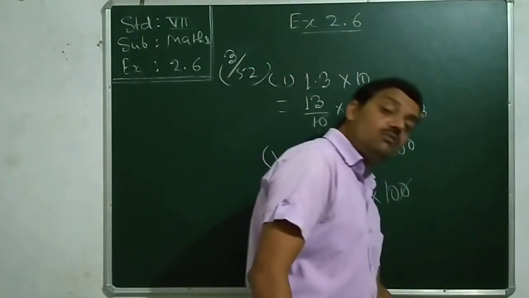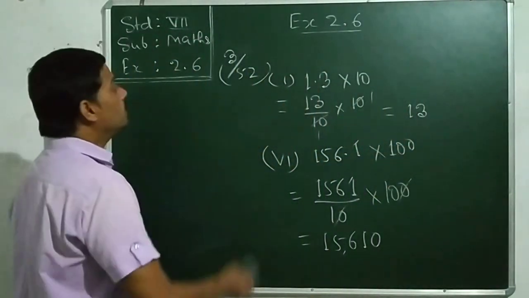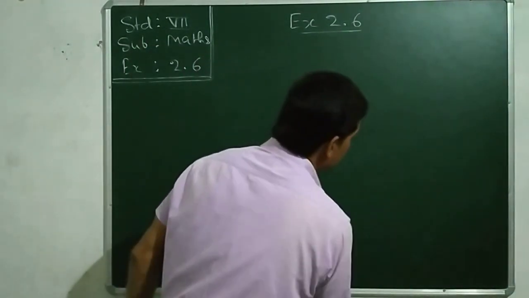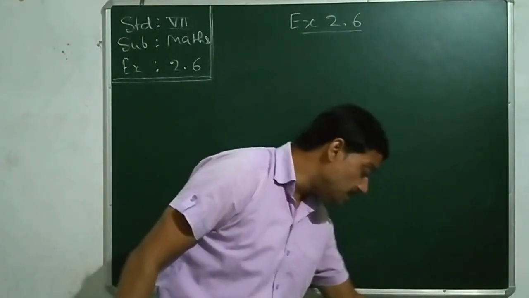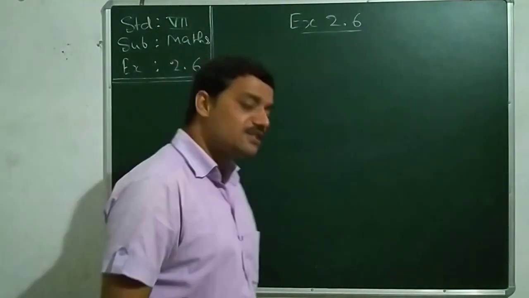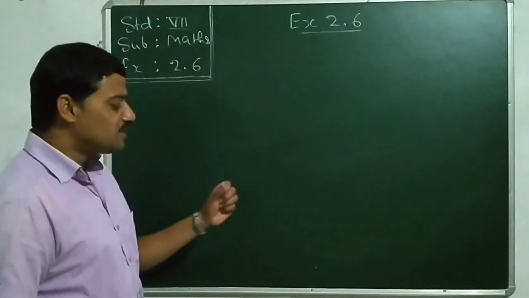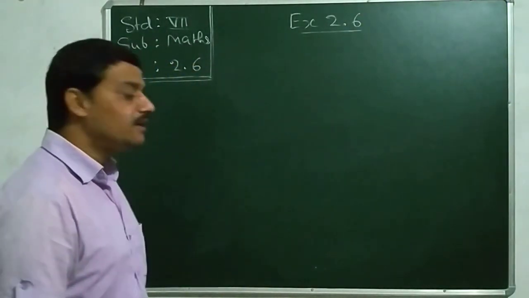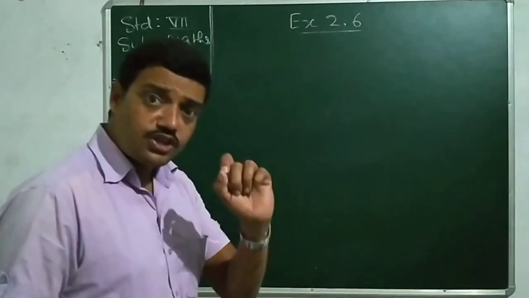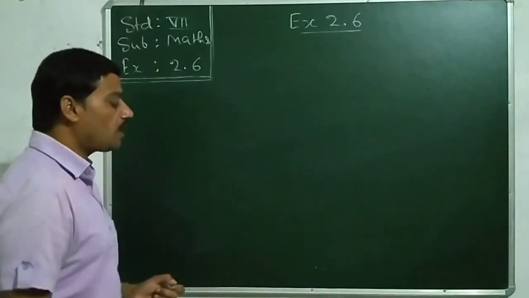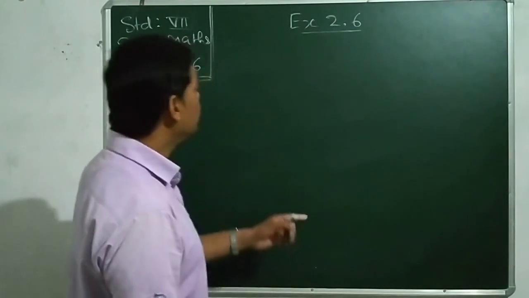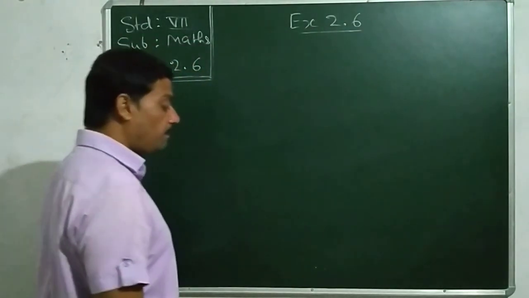Come to the number 4 sum also. For this sum, remind yourself of distance and time. Here time is not required. The distance covered in 1 liter of petrol is given, and you are asked to find the distance to be covered by 10 liters of petrol.